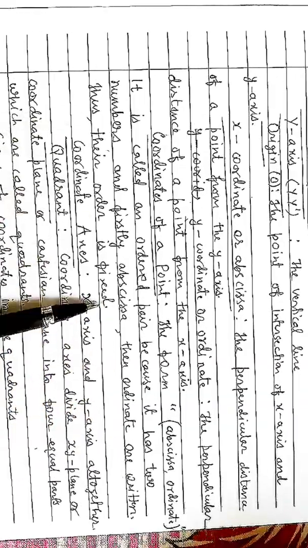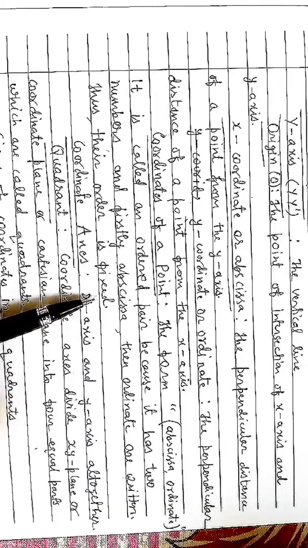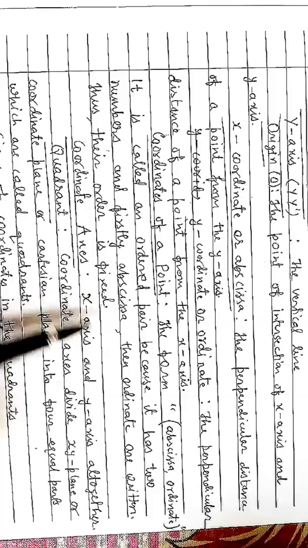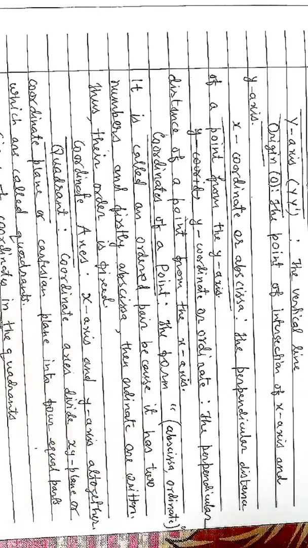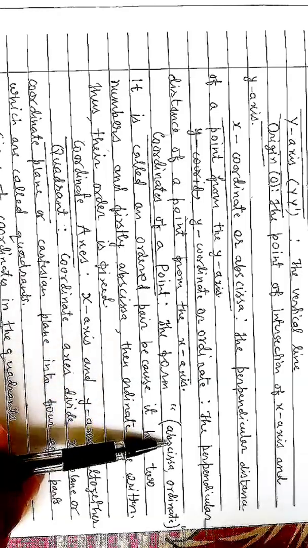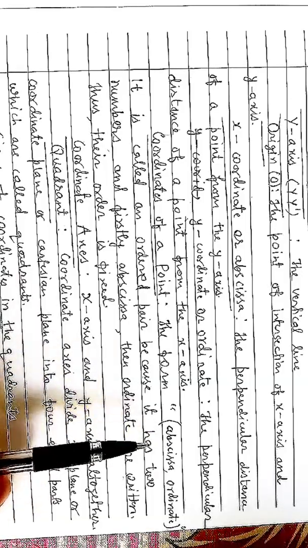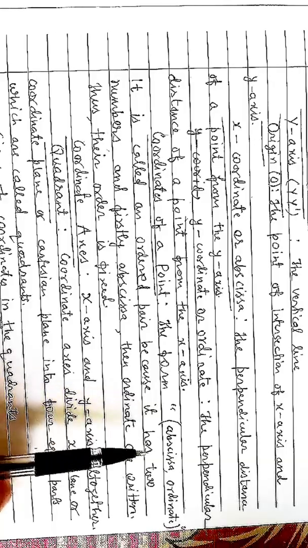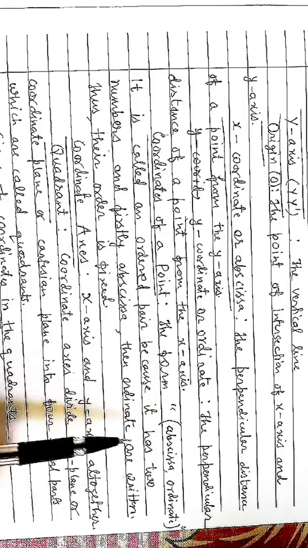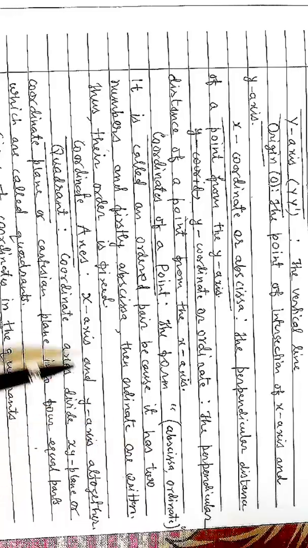Thus their order is fixed. You know that pair has two numbers. Here abscissa is written firstly, then ordinate. This is a fixed order, so it is called ordered. Hence it is called ordered pair.